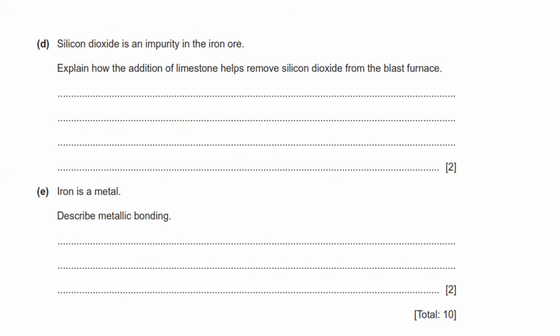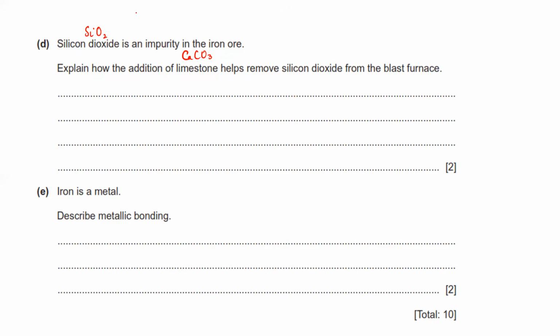Then part D: silicon dioxide is an impurity in the iron ore. Explain how the addition of limestone helps remove silicon dioxide from the blast furnace. So remember, limestone is calcium carbonate, and silicon dioxide is the impurity. Remember this reaction, what is happening over here.